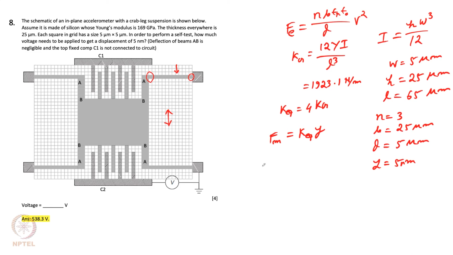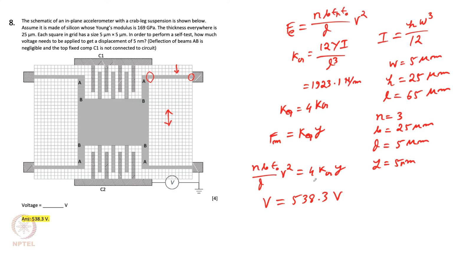Then if we put all these values together, you can calculate V, which will be equal to 538.3 volt. So you just put all the values and calculate, it will come as 538.3.